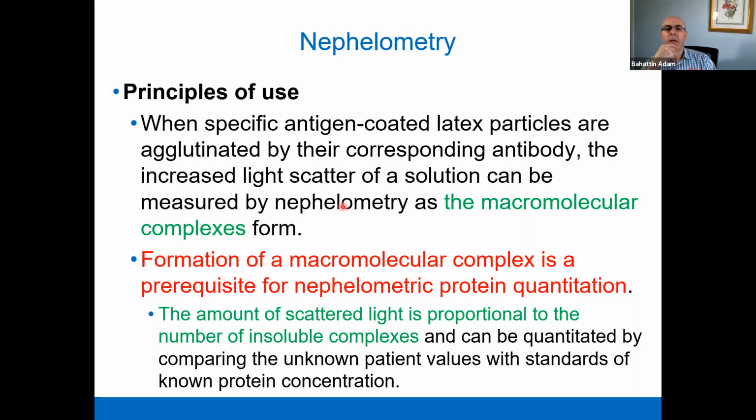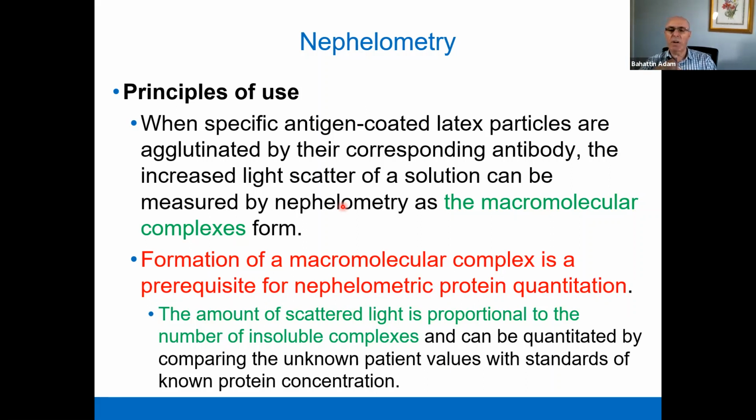For nephelometry, the light scatter of the solution can be measured, because the light will scatter from these macromolecules and come onto the detector, and then we will be able to measure the amount of light that is scattered. The formation of a macromolecule complex is a prerequisite for nephelometry and protein quantitation.